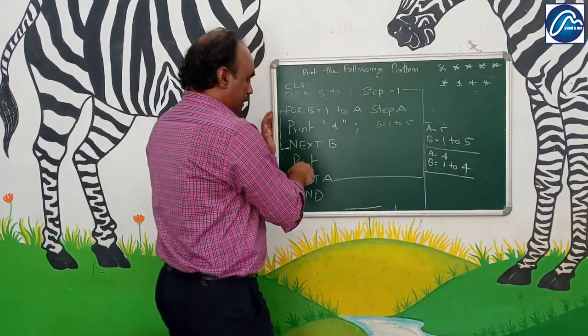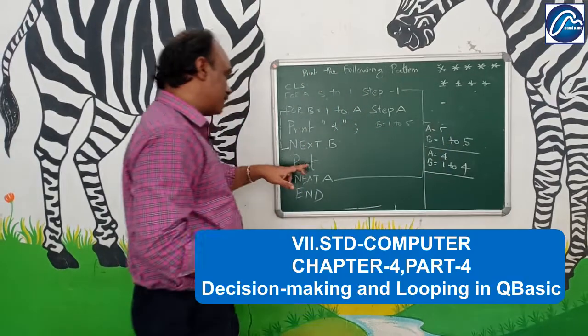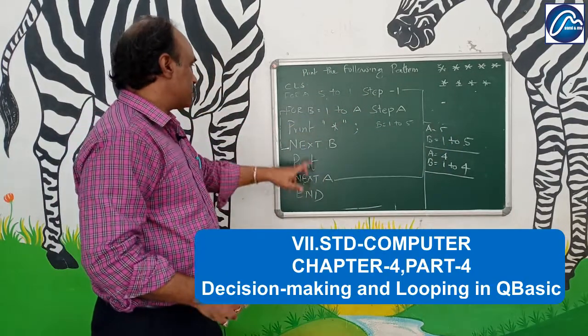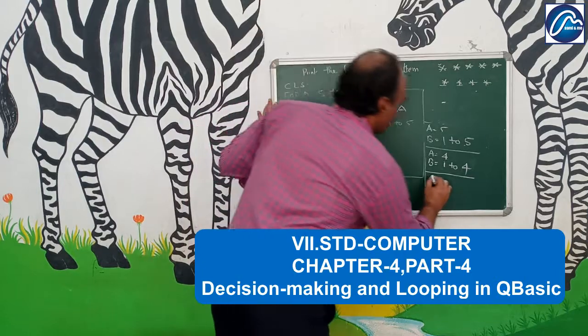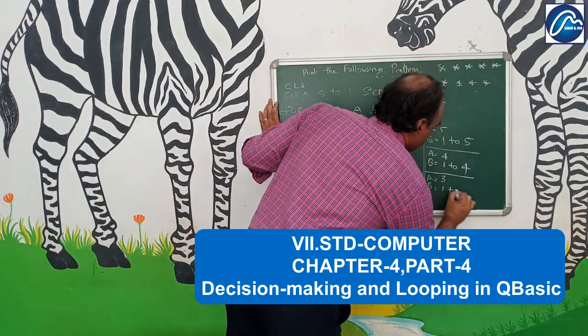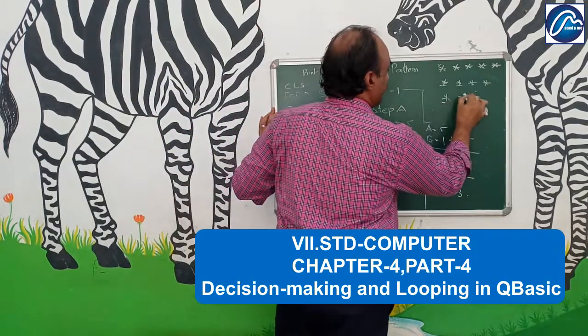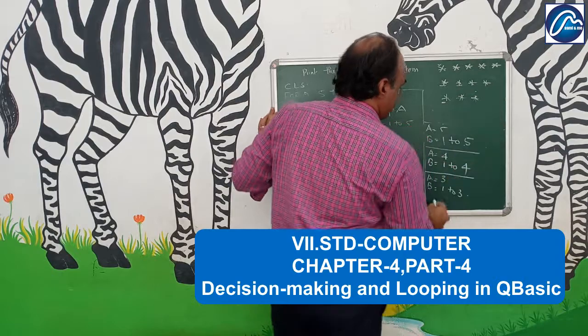It comes down again because the print is in the down. We have given another print statement down, so cursor comes down. Next A, what is the value of A here? A will be equal to 3. B will be equal to 1 to 3. So what will happen? The same pattern will be printed 3 times.